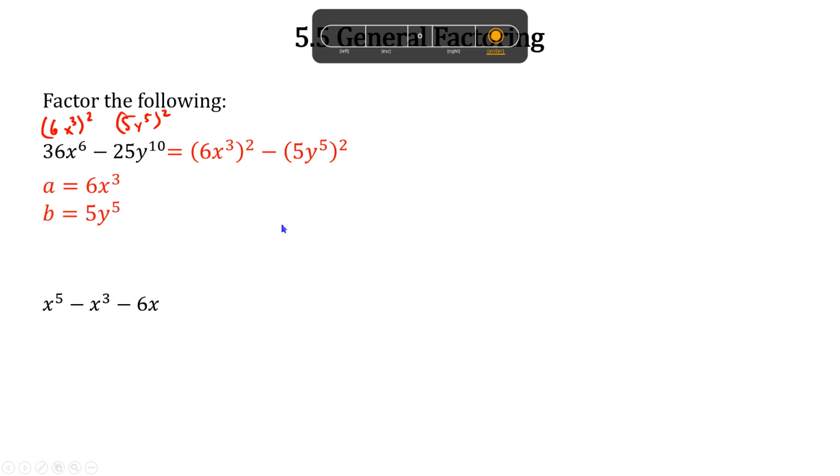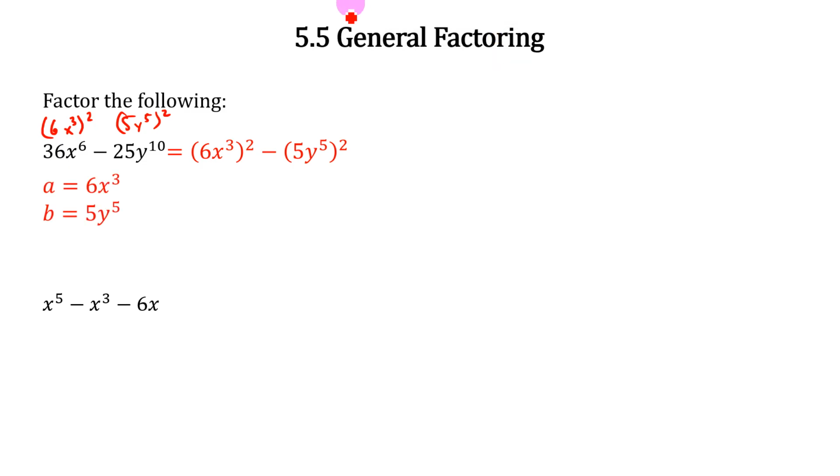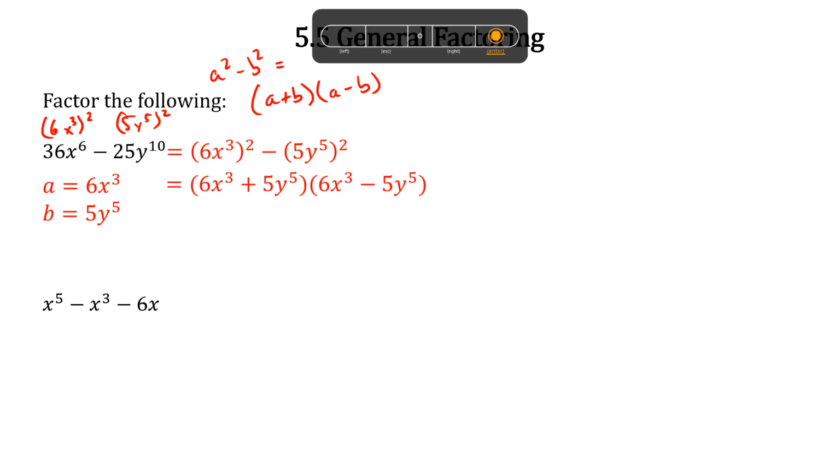So a is 6x to the 3rd, b is 5y to the 5th, and in case you forgot, we're doing a plus b, a minus b, when we have a squared minus b squared. So we get that.